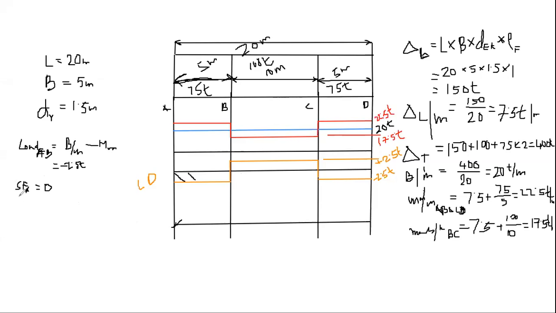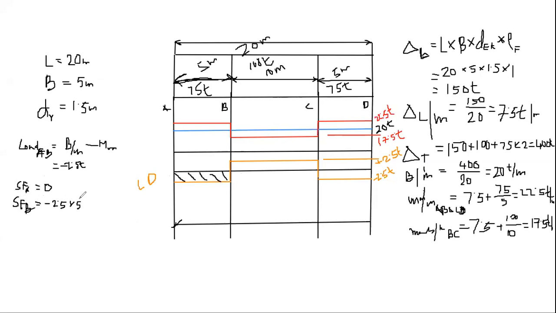At B, SFB will be the area under this curve. This is the curve. How much will it be? This is minus 2.5 multiplied by 5.